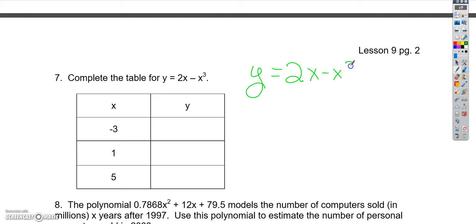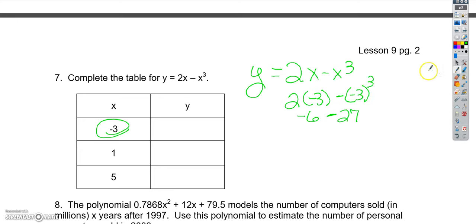So 2x minus x to the third. We're going to do -3 first. So 2 times -3 minus, don't forget parentheses, exponent on the outside, -3. So that's -6 minus -3 to the third power is 27. Now, I did my multiplying first because I knew it wouldn't affect my exponents.